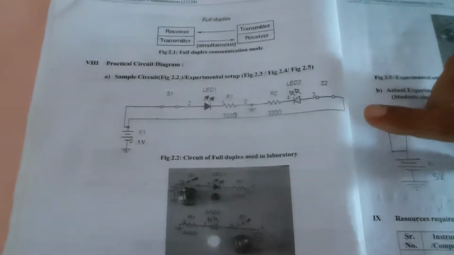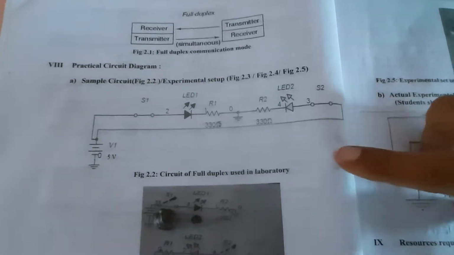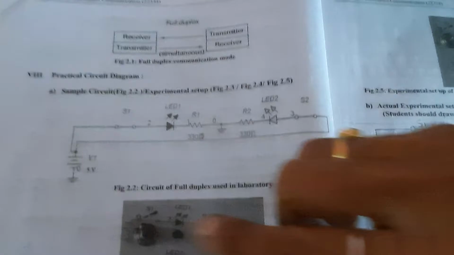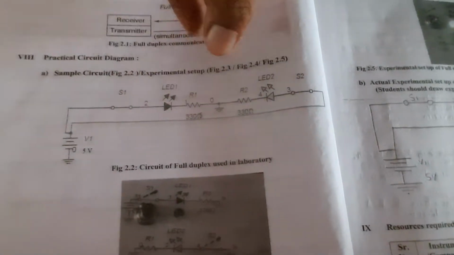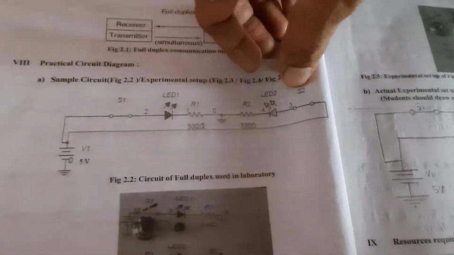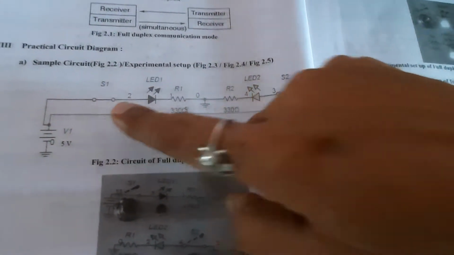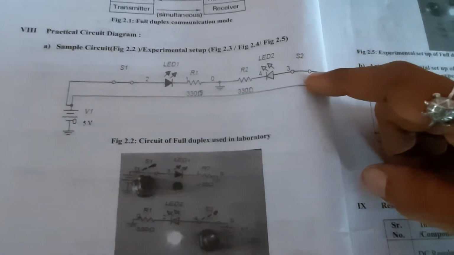Now let's discuss the experimental setup for full duplex communication. In this setup, this is our 5 volt power supply. Here two switches are given, switch S1 and switch S2. Again, two LEDs are connected, LED 1 to switch 1 and LED 2 to switch 2.